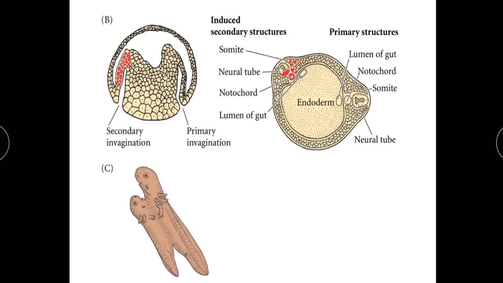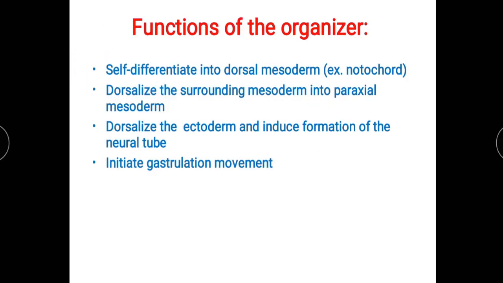This one is the animal pole, this one is the vegetal pole, and the point where the dorsal blastopore lip is formed is going to be the dorsal part of that embryo. If this one is dorsal, ultimately this one is going to be ventral. That's why it dorsalizes the embryo.